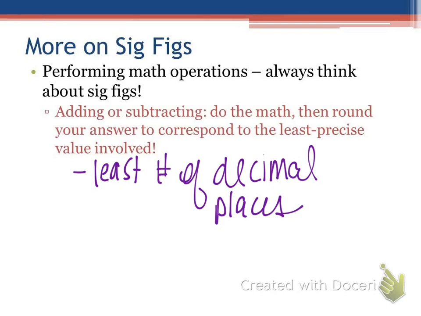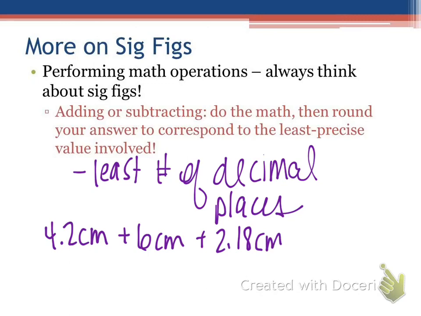The reason we do this is you can't have an answer that is more precise than one of your measurements. Your answer can only be as precise as your least precise measurement. So if I have 4.2 centimeters plus 6 centimeters plus 2.18 centimeters, I'll do the math for you.